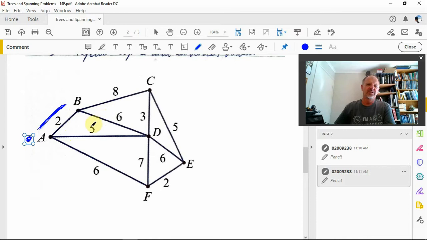Because these are big numbers, when we come back here and look there, there's a 5 and there's a 6 here. So if I'm going to go to D from B, 6, that's further than if I went from A. So I'm going to go along here to D.